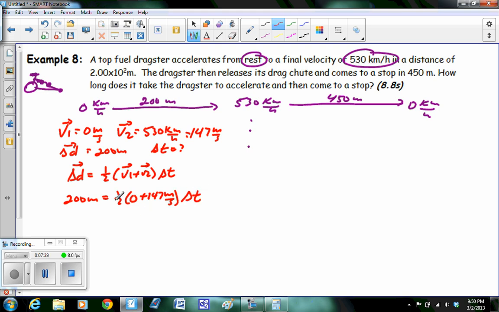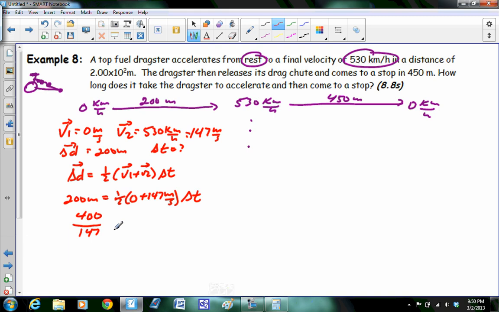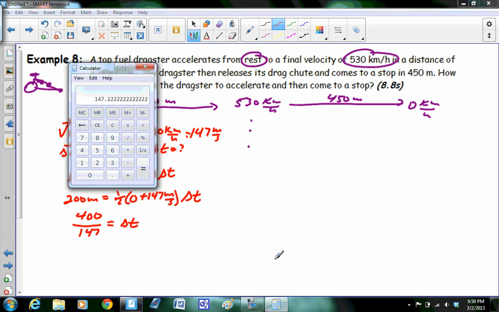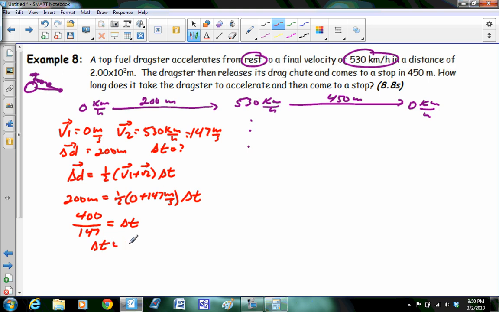So I'm going to multiply 2 by 200, so 400 all over 147, and this is going to equal my time. So 400 divided by 147, we end up with a time of 2.7 seconds. So it takes 2.7 seconds to accelerate from 0 to 530 kilometers an hour.